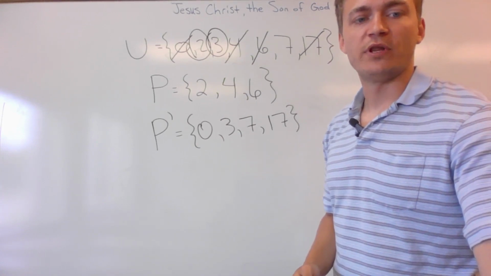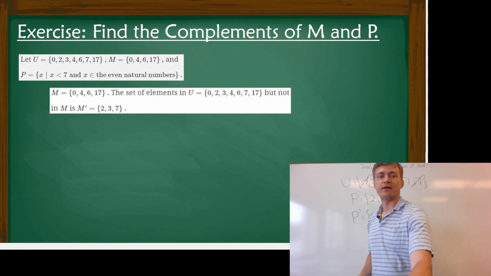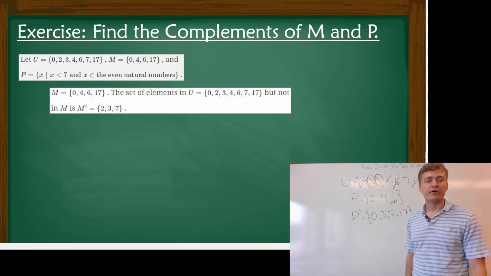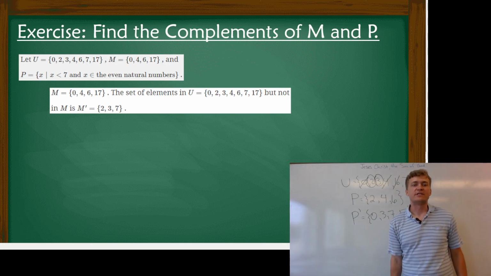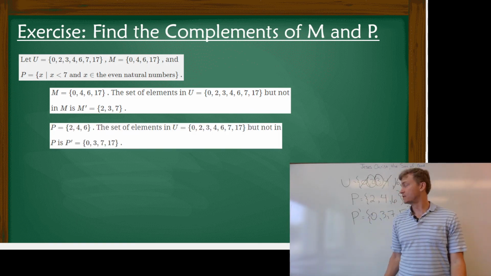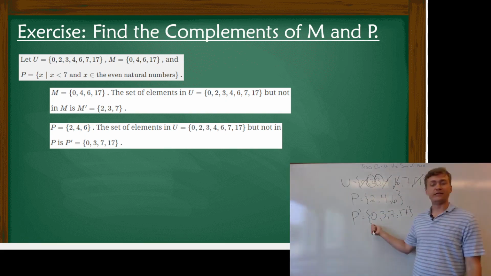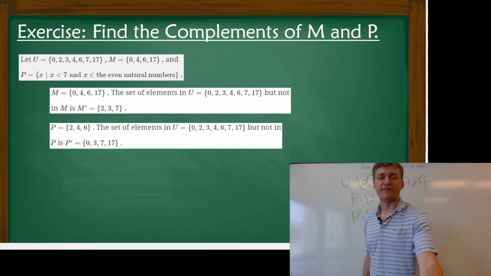And if you don't believe me, we'll go to the next slide and see that listed there. M is 0, 4, 6, and 17. Therefore, M complement is 2, 3, and 7. P is 2, 4, and 6. Therefore, P prime or P complement is 0, 3, 7, and 17.